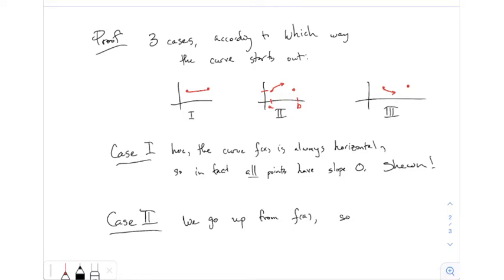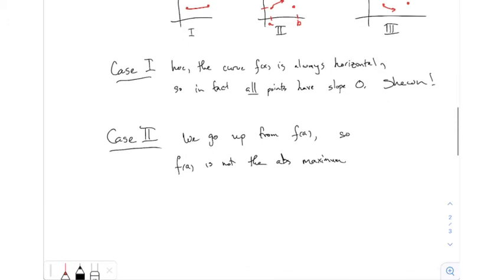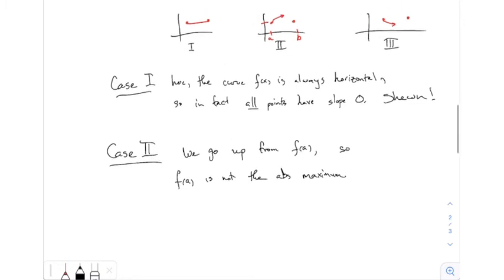The left endpoint here, because the function starts by going up, the left endpoint is not the absolute maximum, all right? So f of A is not the absolute maximum, because the curve goes up from there. So wherever the absolute maximum is, it must be somewhere else, not at A, all right?